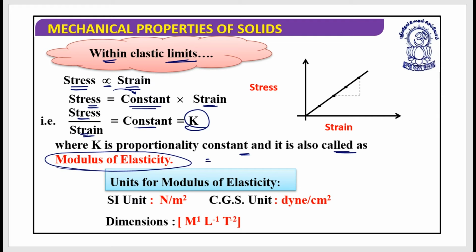Stress is in Newton per meter square, and strain has no units, so the SI unit is Newton per meter square. The CGS unit is dyne per centimeter square. The dimensional formula is M1 L minus 1 T minus 2. I hope this is clear.